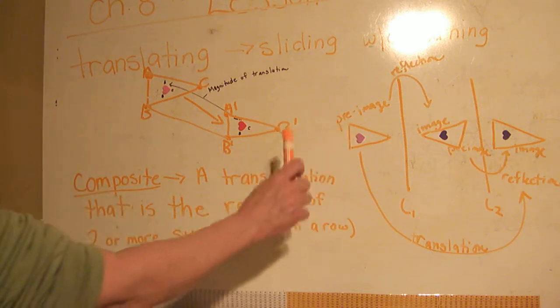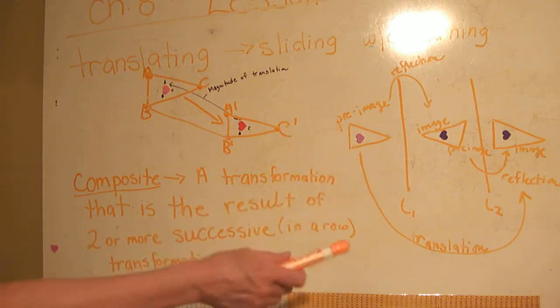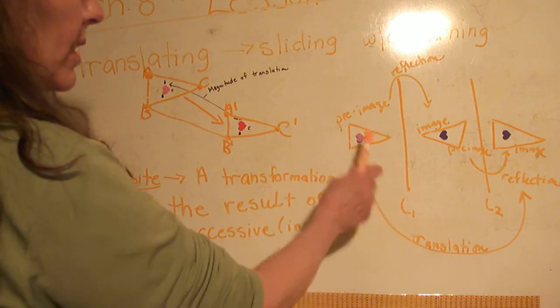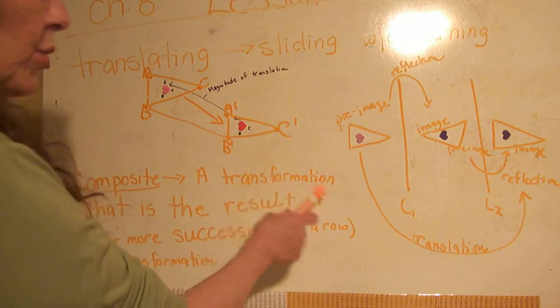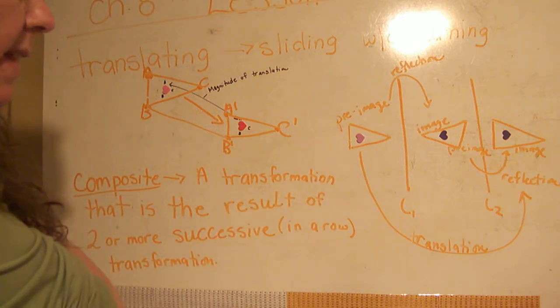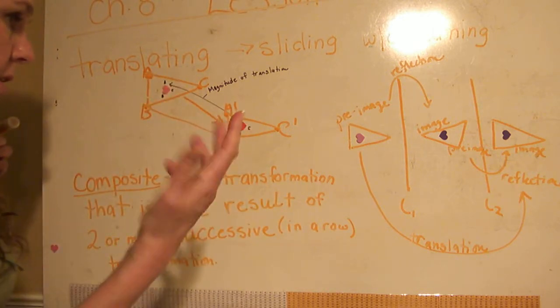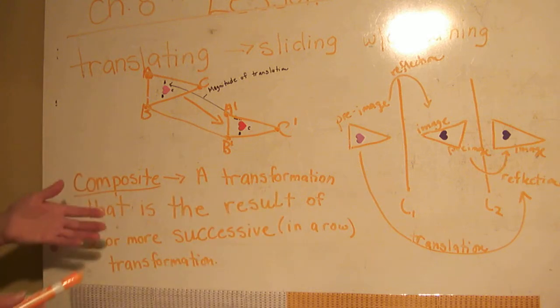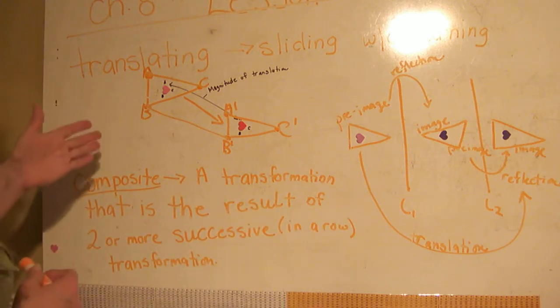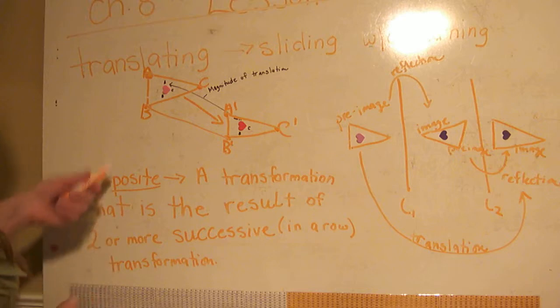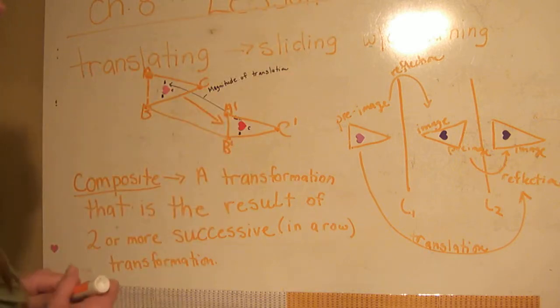Remember, a composite is two or more successive transformations. So a translation is a composite of two transformations. Again, because they are two transformations and they're reflections, therefore they are isometries as well. So translations are isometries.